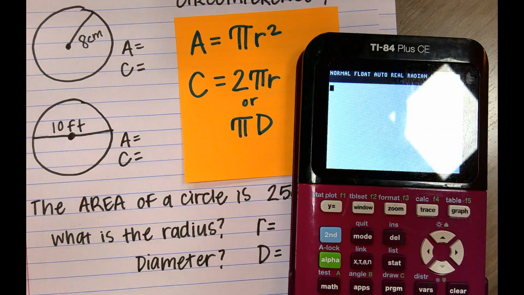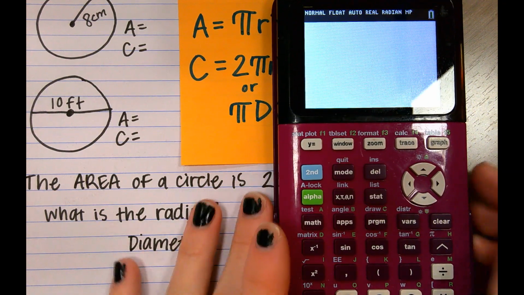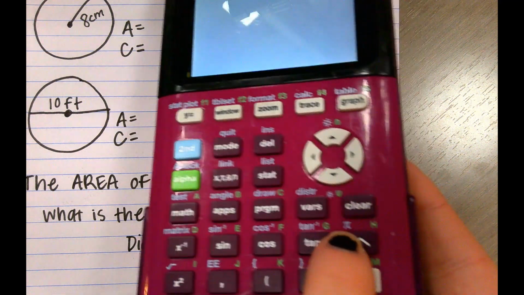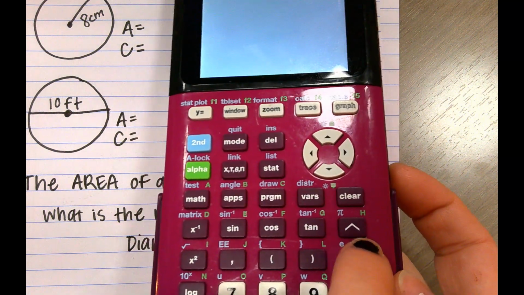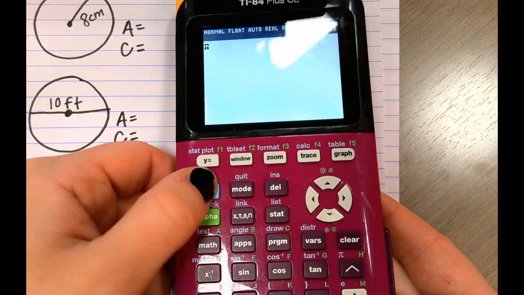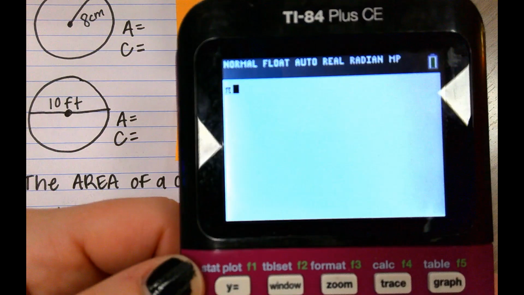So on your yellow calculators, it will be just like this one I'm showing you on the screen. Pi is in light blue right above this arrow key under the clear button. So to access the blue keys, remember you just press second, up arrow. And there is your little pi.